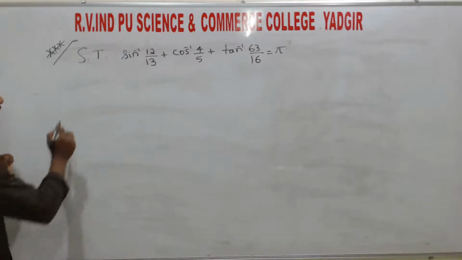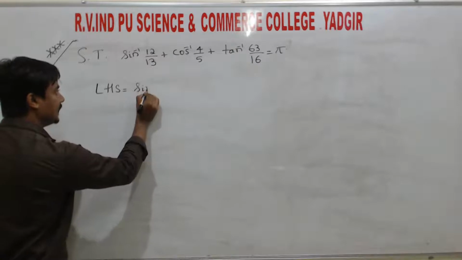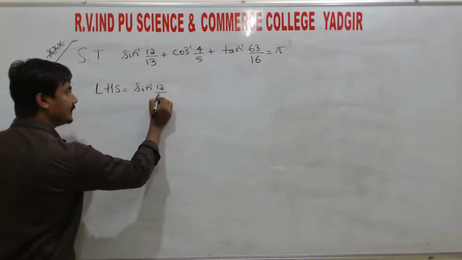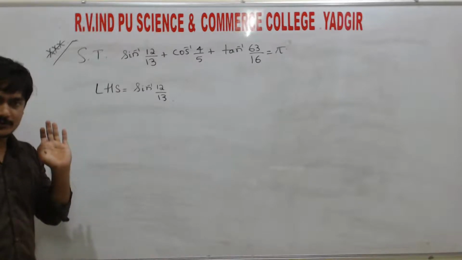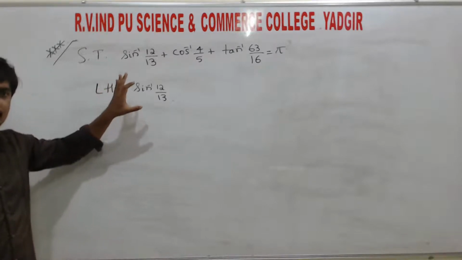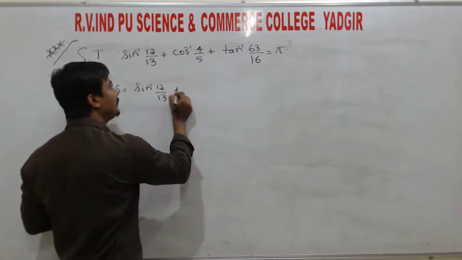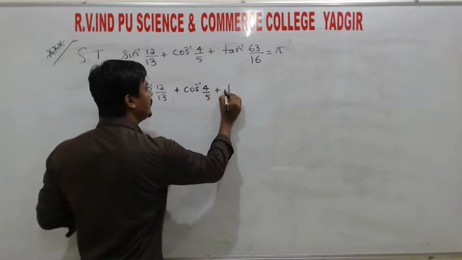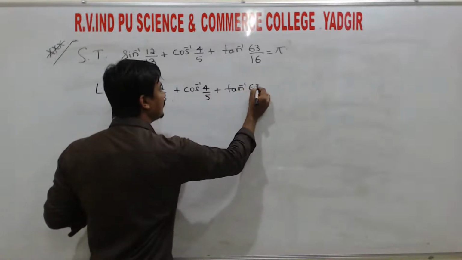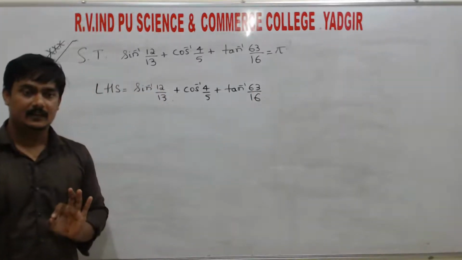Okay, observe very carefully. And you take the left hand side. This problem is a little different, dear students. In our NCERT reader, they have given a different approach. But we shall follow the simplest one. So I will take the left hand side, which is sin inverse of 12 by 13 plus cos inverse of 4 by 5 plus tan inverse of 63 divided by 16.